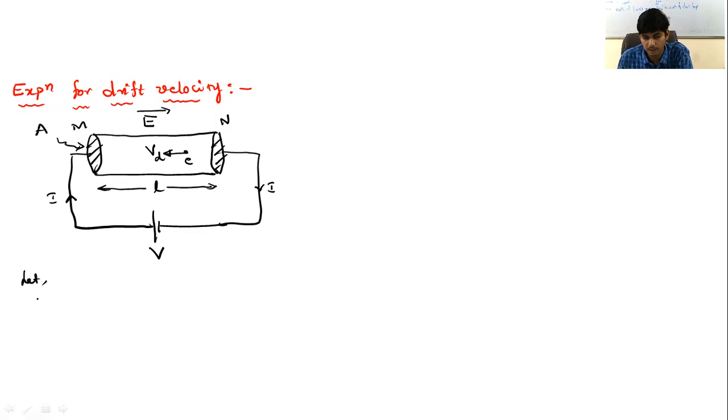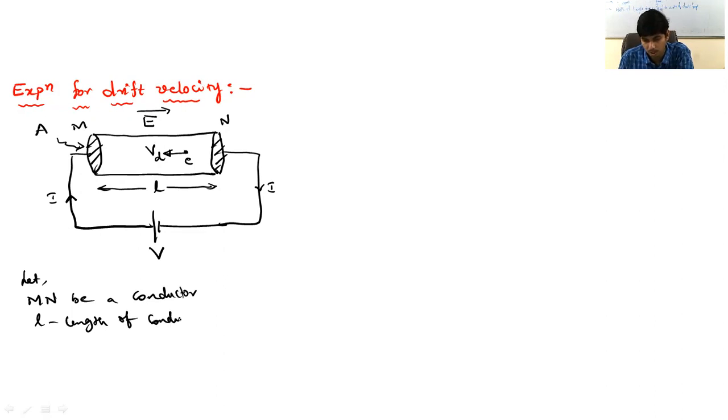So let MN be a conductor. L is the length of the conductor. A is the area of cross section of the conductor.